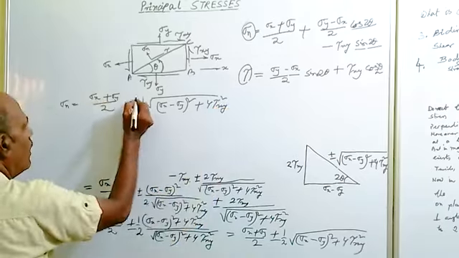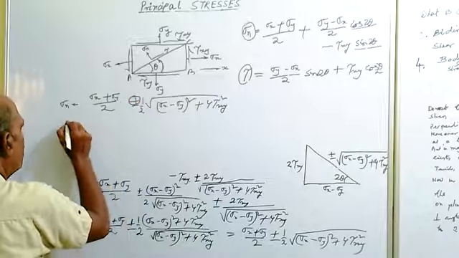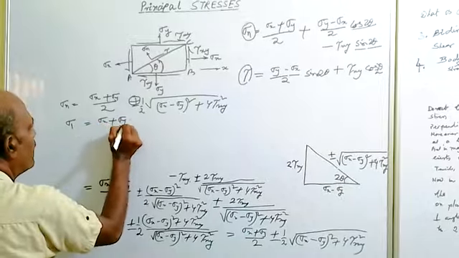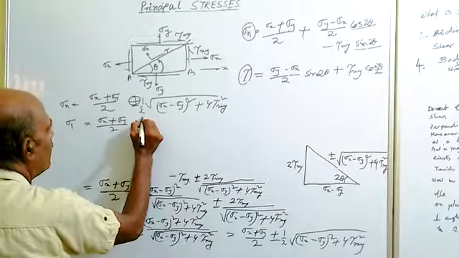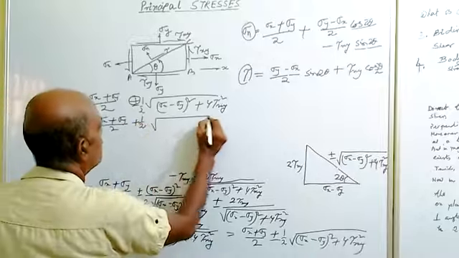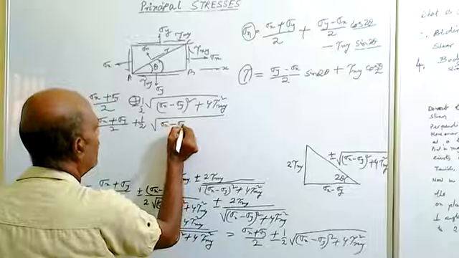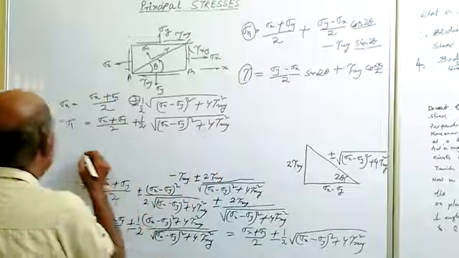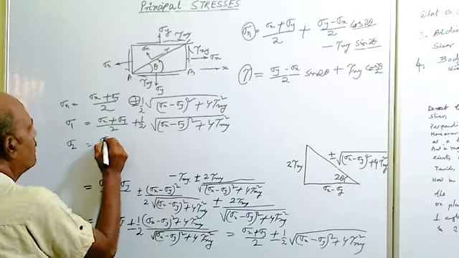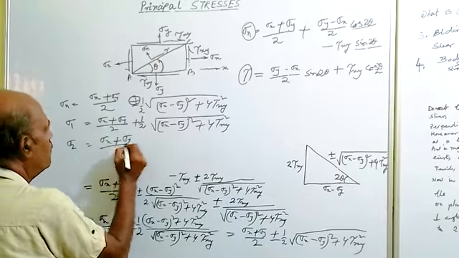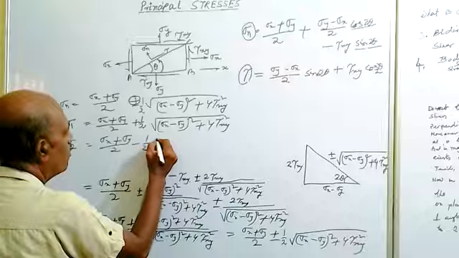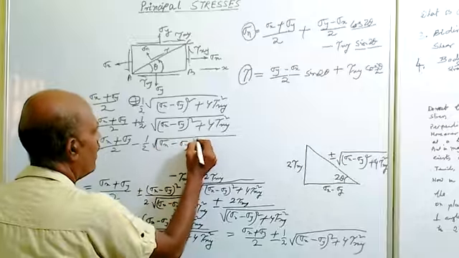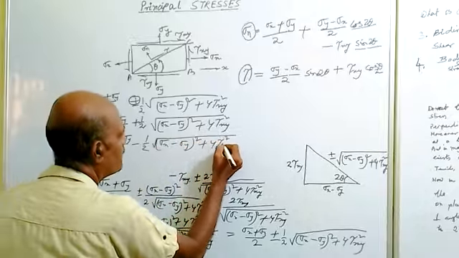Now when you consider plus, it will give one value, and we are denoting by sigma 1 is equal to sigma x plus sigma y by 2 plus half square root of sigma x minus sigma y whole square plus 4 tau square xy, and sigma 2 we will get sigma x plus sigma y by 2 minus half square root of sigma x minus sigma y whole square plus 4 tau square xy.